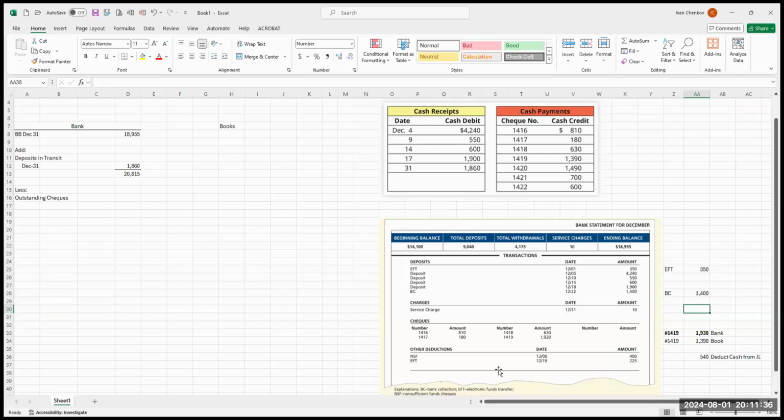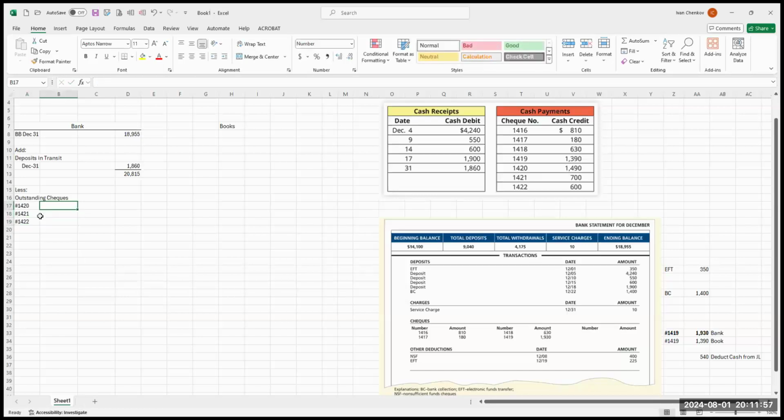So at this point, we have to see how many checks are left in our books which haven't been cleared in the bank account. First check is check number 1420. Second check is check number 1421, and the last check is check number 1422.